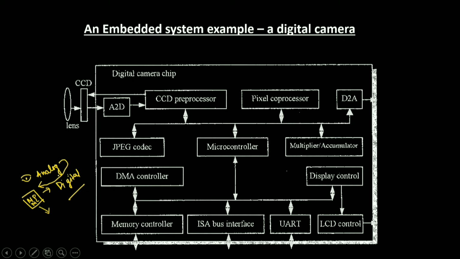So the CCD processor provides commands to the CCD to read the image. The image may be JPEG coded; the codec compresses and decompresses an image using the JPEG compression standard, enabling compact storage of images in the limited memory of the camera.